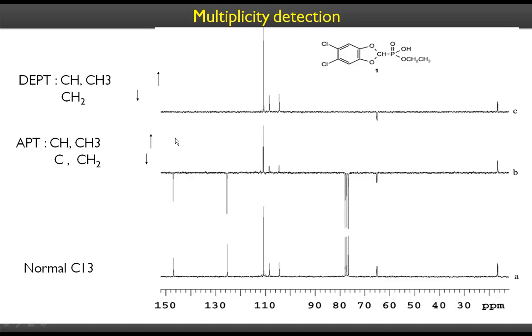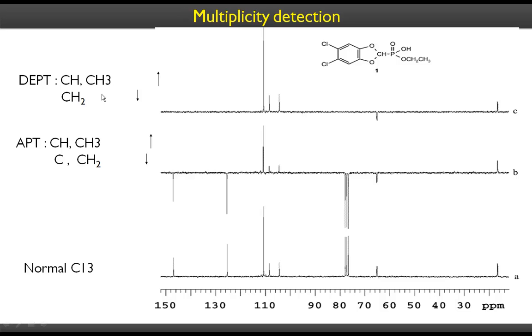In DEPT you are missing them. So if you have to know about your quaternary carbons, you cannot just run a DEPT. You have to run both. You run the normal C13 NMR, then collect DEPT 135 and subtract this spectrum from that spectrum. Then you see what is missing. That missing must be quaternary carbons.